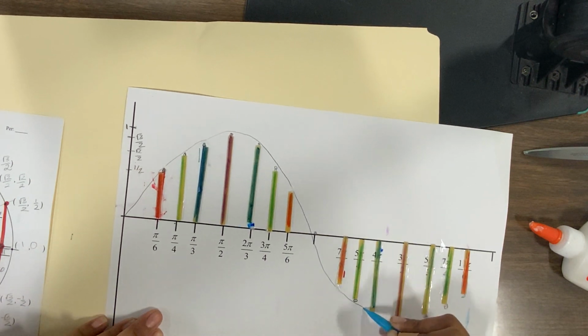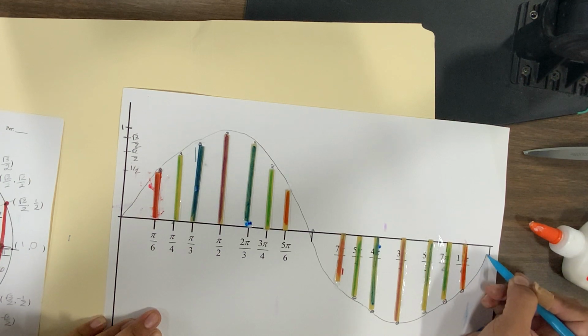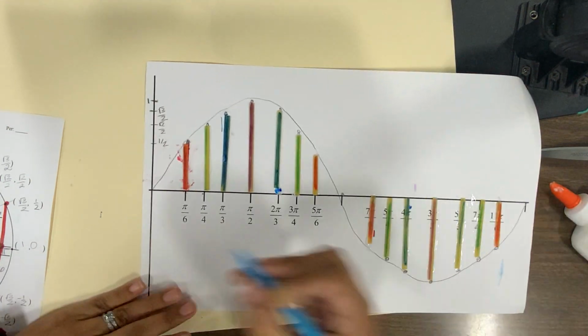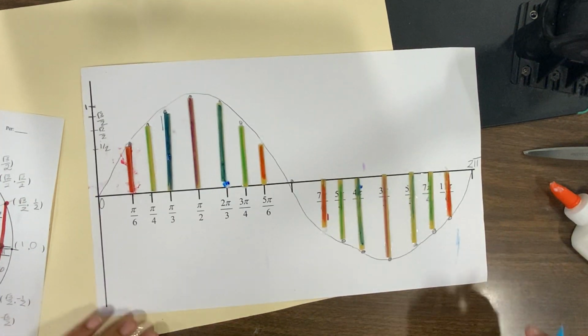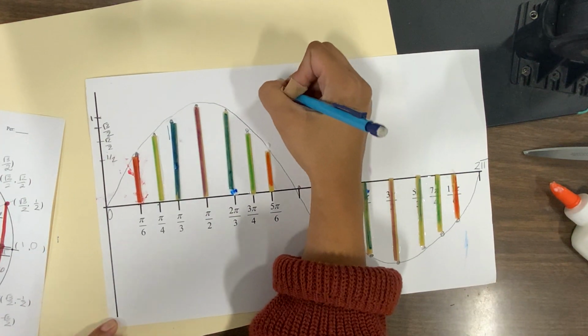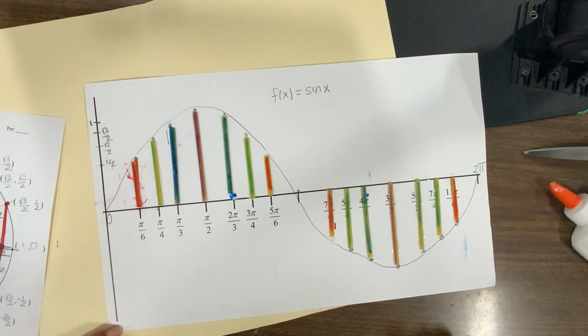That looks like that. Oh, and label 0 and 2 pi. I know I didn't put those, but I want you to label these. So this is the graph of, label this f of x equals sine of x.